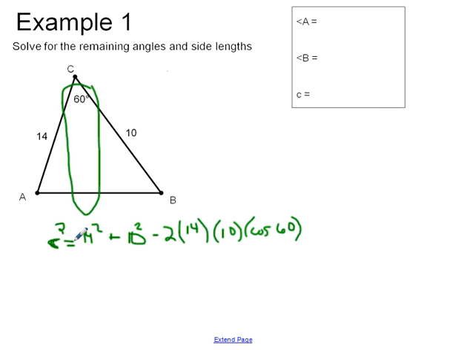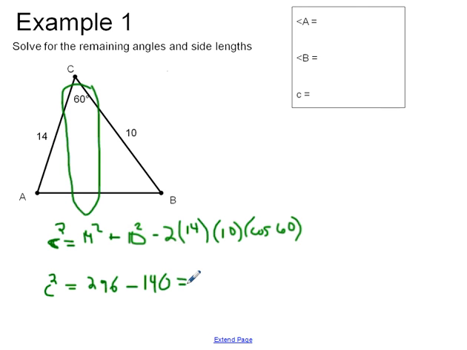Okay, so then we start plugging it in. c squared is going to equal 14 squared plus 10 squared, which is 296, minus 2 times 14 times 10 times the cosine of 60, which is minus 140.